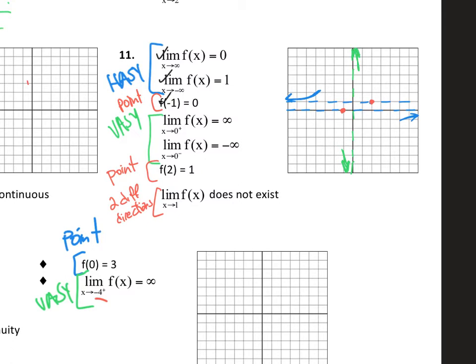my HAs, my points, my VA, and now I have my limit does not exist as I'm approaching 1. So let's find 1 and know that we need to do something so the limit does not exist. Now, when the limit doesn't exist, it can be a jump or a vertical asymptote, right? Because two things are happening from either side. It's approaching two different numbers.